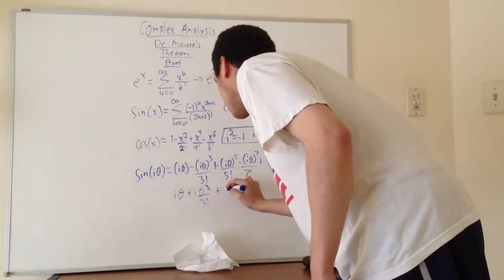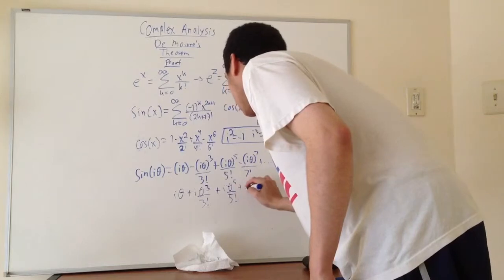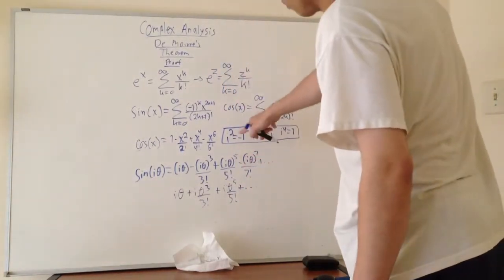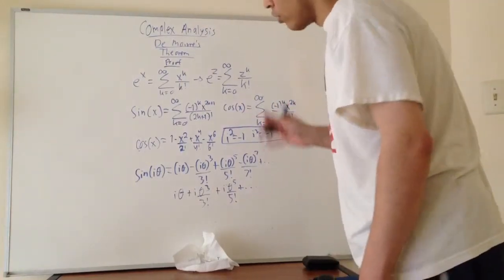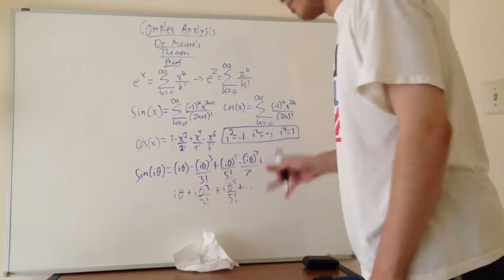Then we have plus i times theta to the 5th over 5 factorial, so on and so forth. And remember, the only trick here is that you have to remember that i squared is equal to -1, i cubed is equal to -i. That's all there is to that. And as long as you're careful with your signs, you'll see that this is what you're supposed to get.